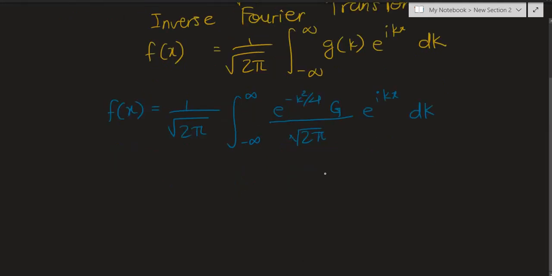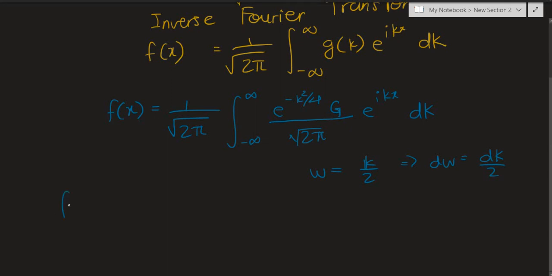Now just making a quick substitution here, we let w equals k over 2 because this was k squared by 4, which is k over 2 the whole thing squared, right? So we have w equals k over 2. So dw is nothing but dk over 2.